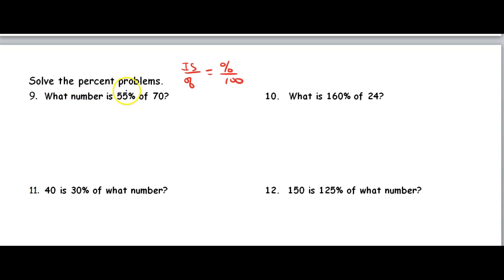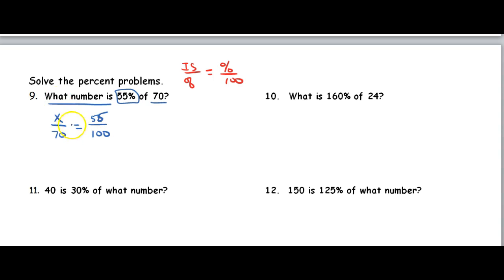Okay, what number is 55% of 70? So we have our percent, right? When we look at it, do we know what our is? No. Our is we don't know, so we say x. Over, what is our of? 70. Equals the percent, which is 55, over 100.